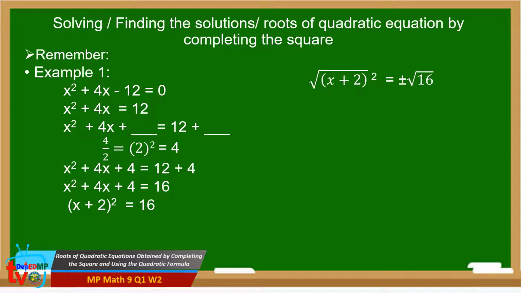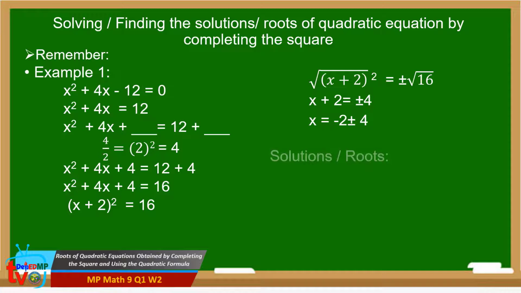Remember that the square root of 16 is positive negative 4. Then, we transpose 2 to the right side. That means we have x is equal to negative 2 plus minus 4.